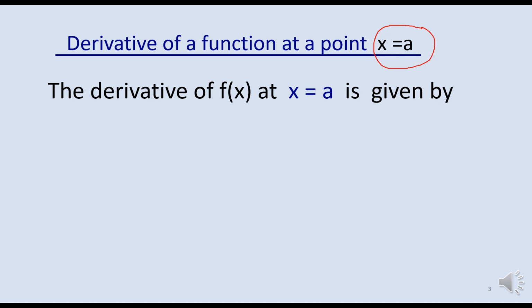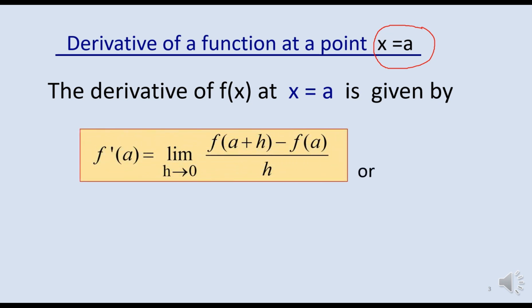So the derivative of a function f(x) at a point x equals a is given by the formula f prime a equals the limit when h approaches 0 of f of a plus h minus f a over h.